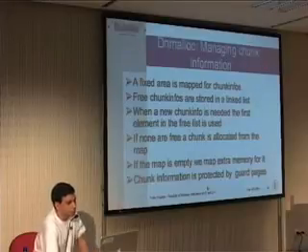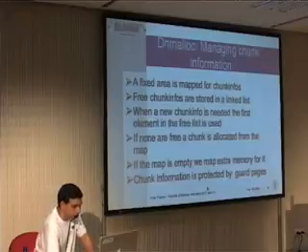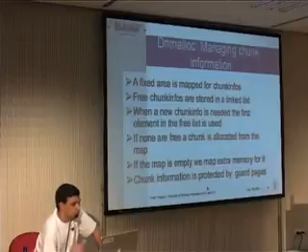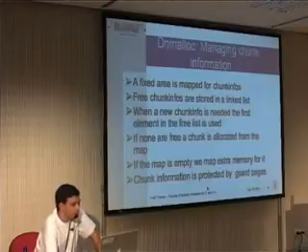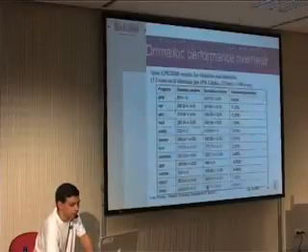And when we need a new chunk information, we'll just get it from this list of free chunks. If we don't have any free chunk information, we'll just allocate one from the fixed map. If the fixed map is empty, we'll map extra memory, and this region is always protected by guard pages.